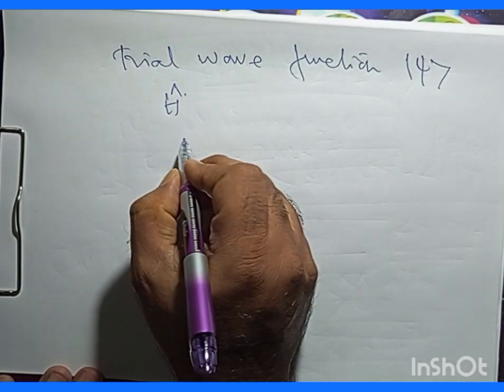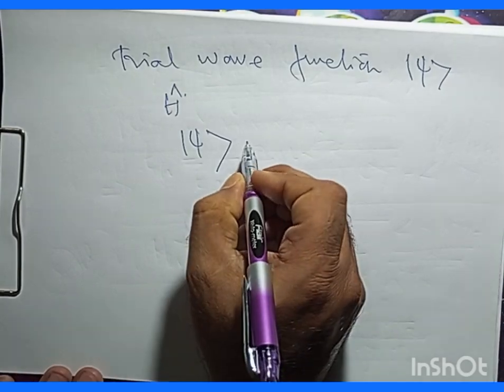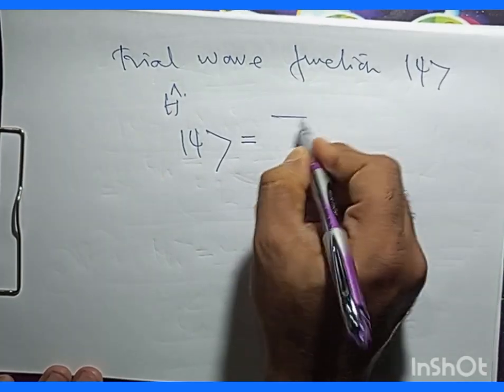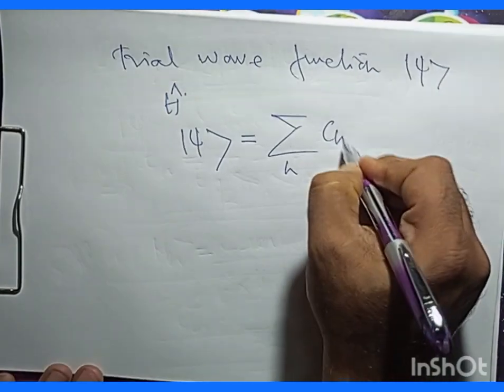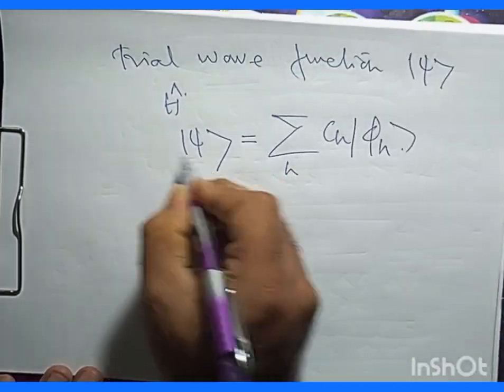So if I write down this state as the linear combination of different eigenstates of H, I can write this as the sum over n of Cn phi n.